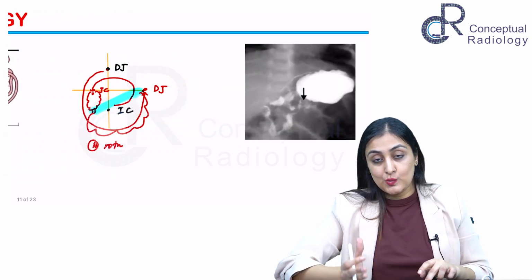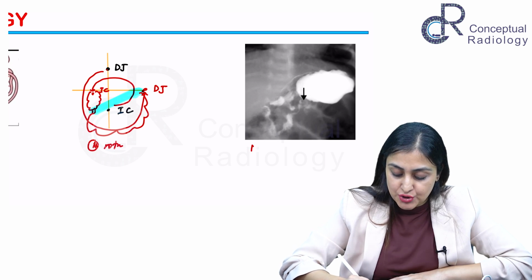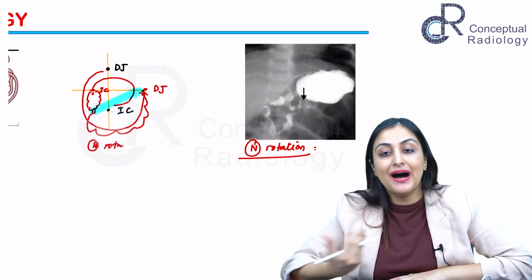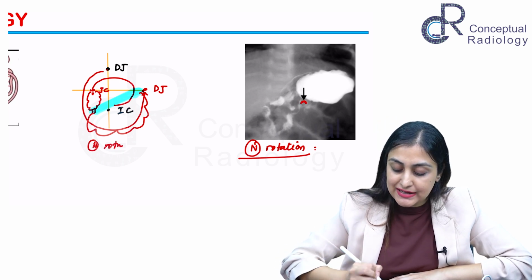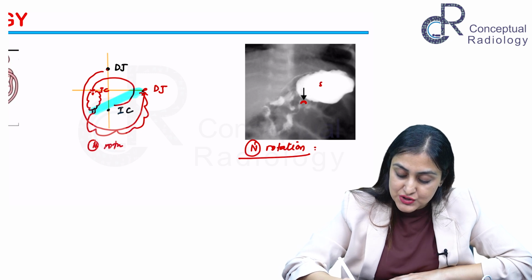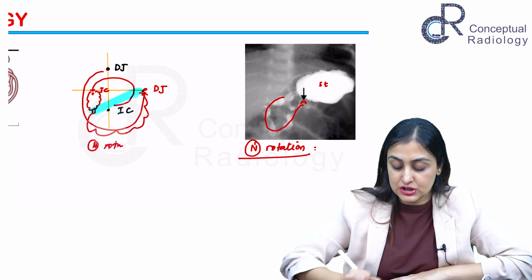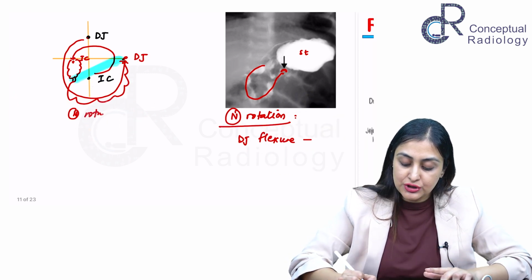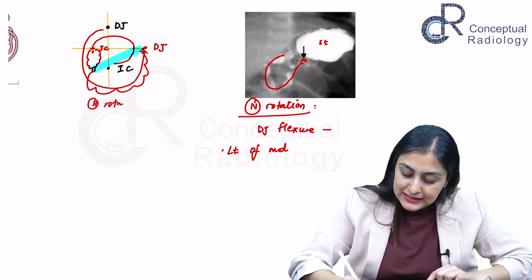Now, when I look at a normal barium study, this is what I have to ensure. So normal rotation. How do I rule out malrotation on barium? So this is what normal rotation looks like, wherein this is the DJ flexure, right? So this is the stomach and these are the three parts of duodenum. This is the DJ flexure. So the normal DJ flexure, very, very important, should be one on the left of midline.